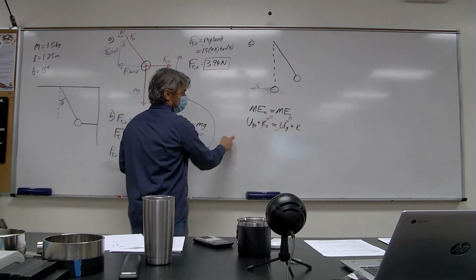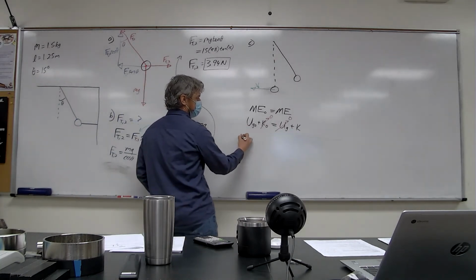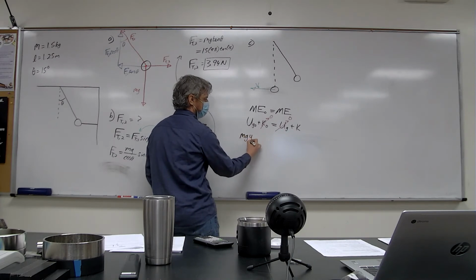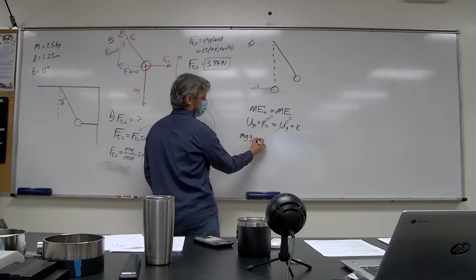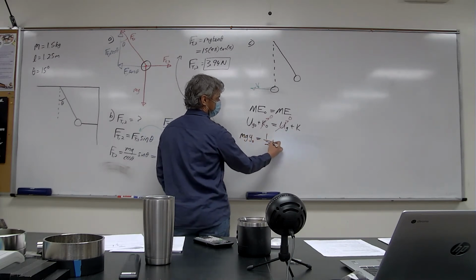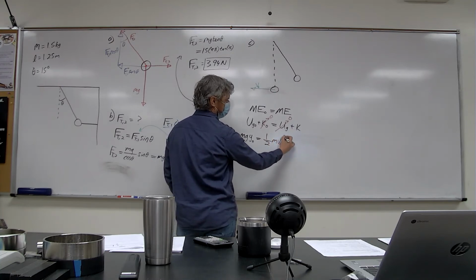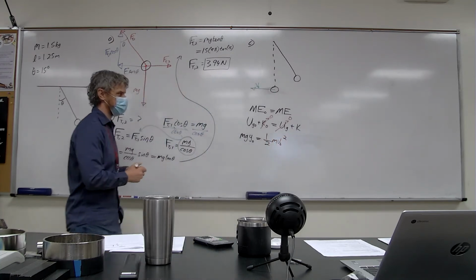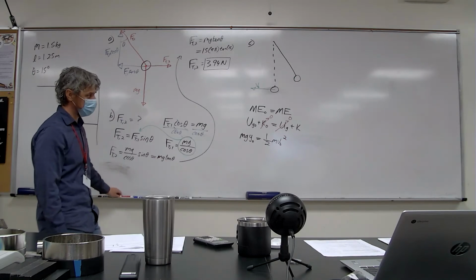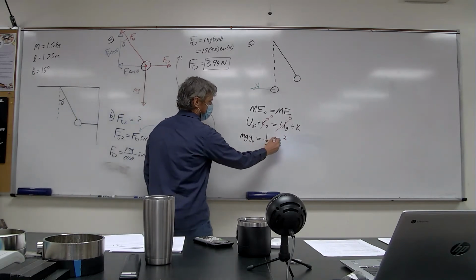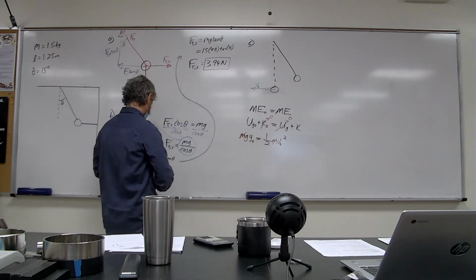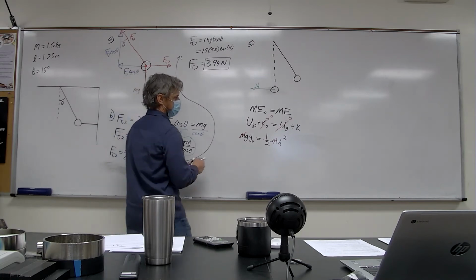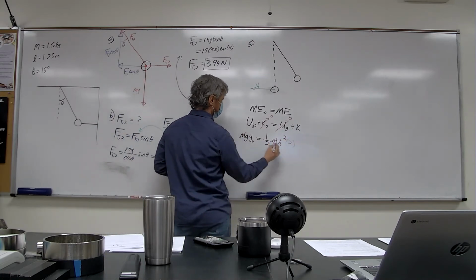And then the initial gravitational potential energy is mg times the initial height, I'll call it y naught. And that's going to be equal to 1/2 m v at the bottom squared. That's the equation for kinetic energy. Everyone brought mass to the party. And then I can just multiply both sides by 2.